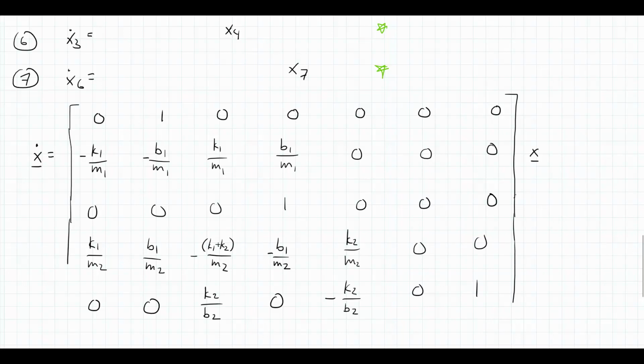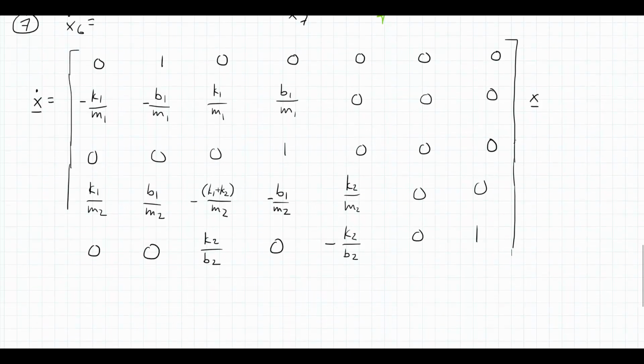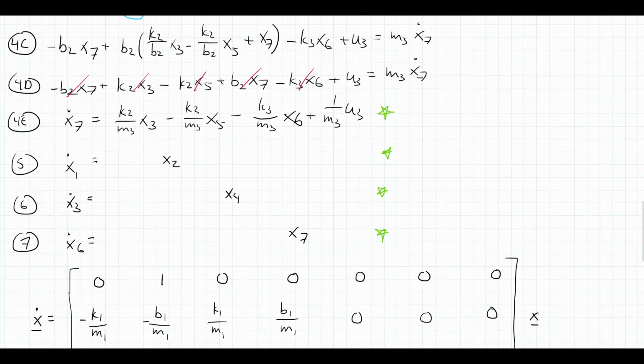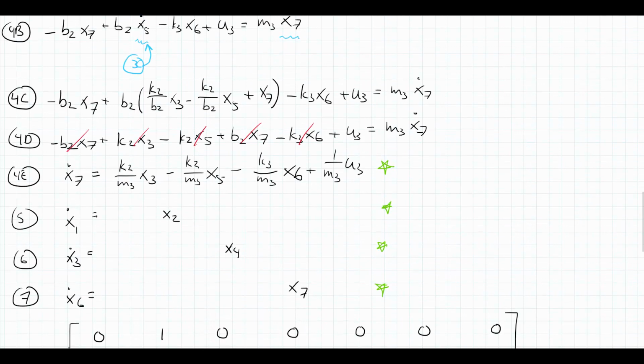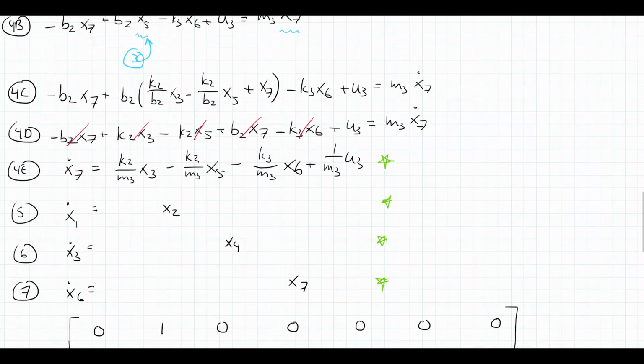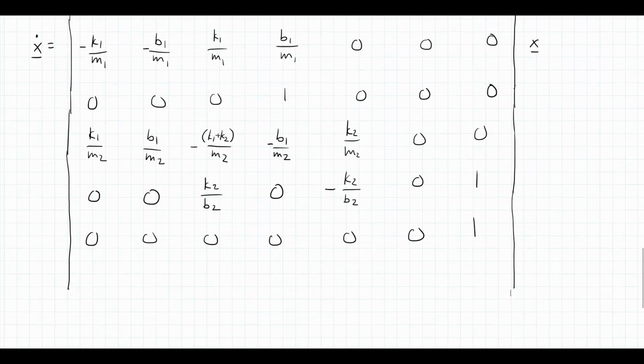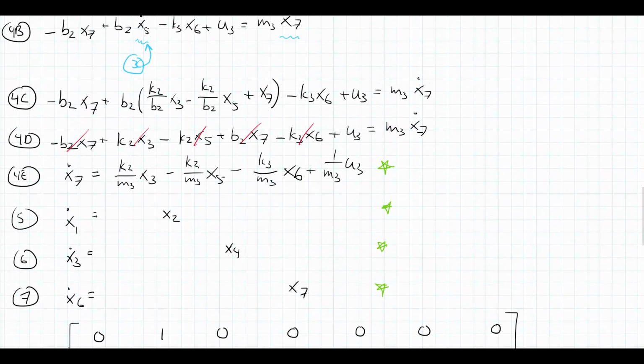x6 dot is equation 7. It's just x7. So next row, zeros, and a 1 at the end. And finally, my x7 dot equation, and that is coming from equation 4e. I have an x3, a 5, and a 6 to transcribe down. So 0 in front of x1 and x2. I will have the positive, scroll back up, k2 over m3.